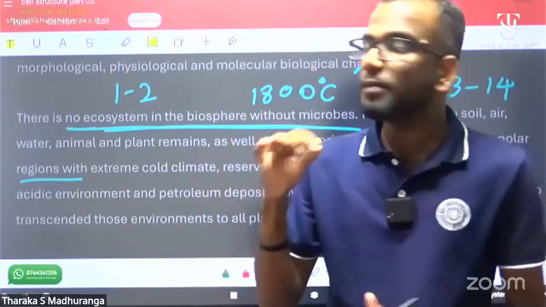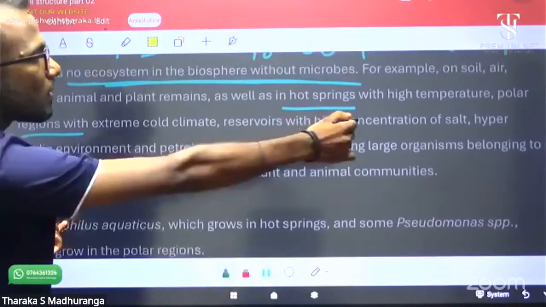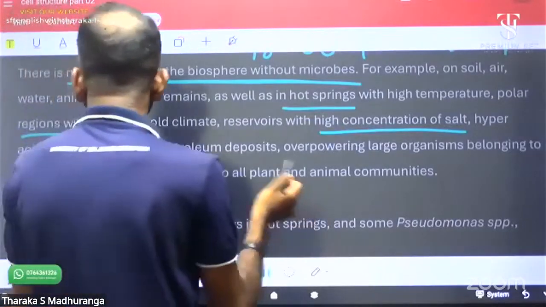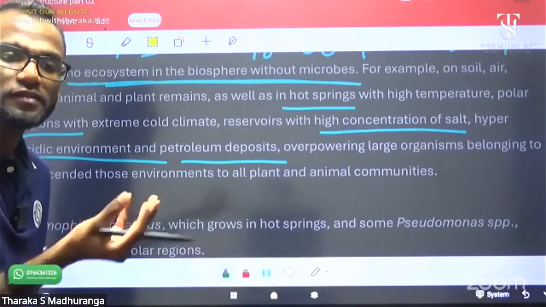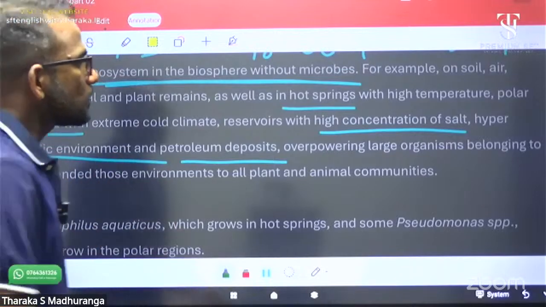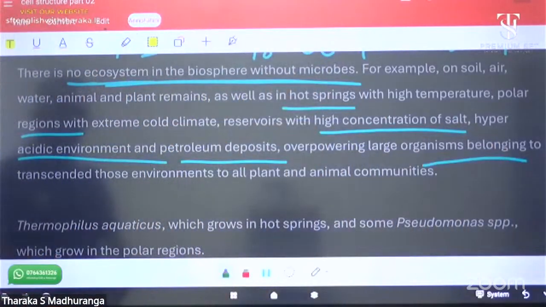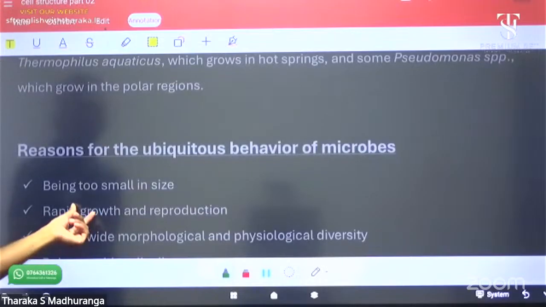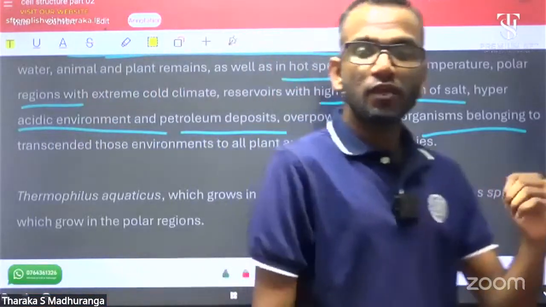That's why we call microorganisms overpowering large organisms. They live in high concentrated salt and higher acidic environments, and petroleum deposits, inside crude oil drones also contain microorganisms. Therefore, microorganisms are living in all ecosystems.